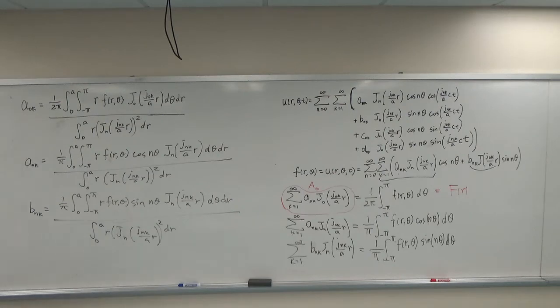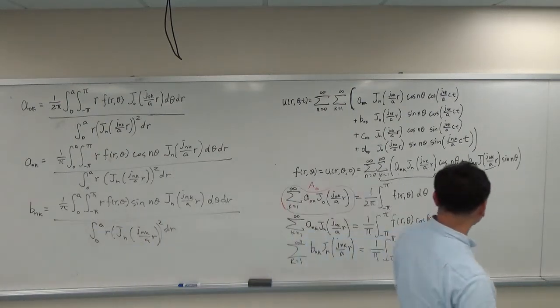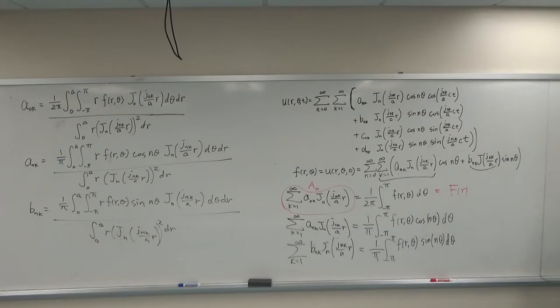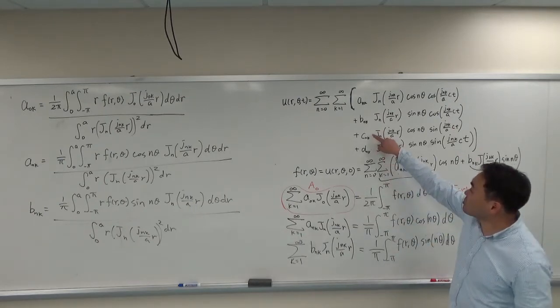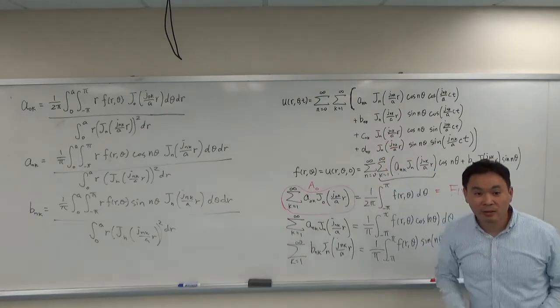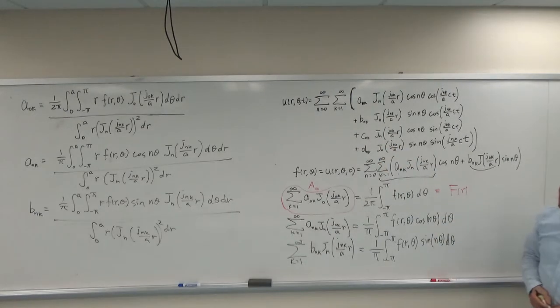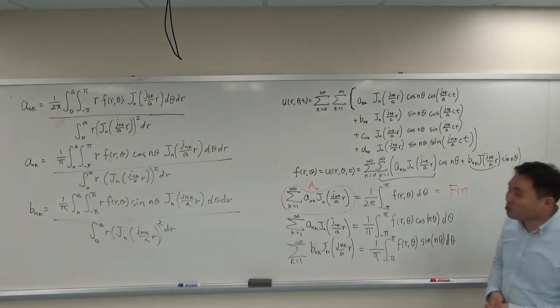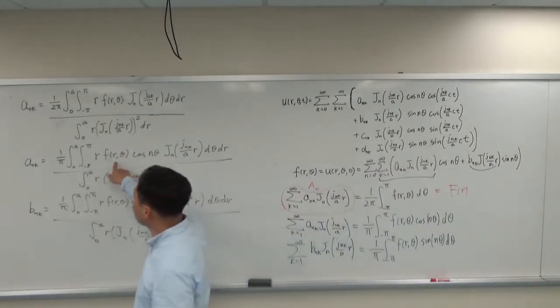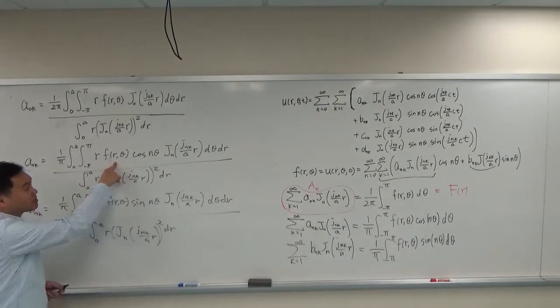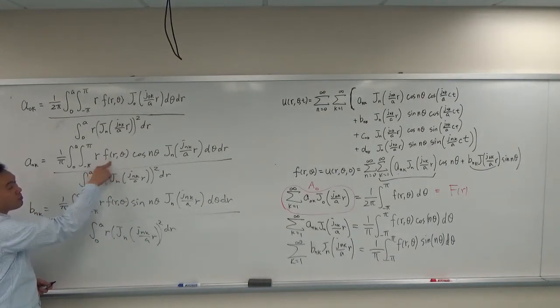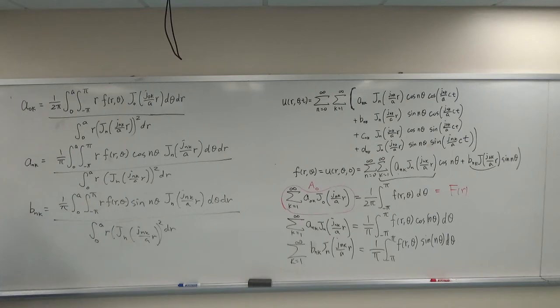Okay? And I've almost solved it. I'm going to leave you as homework to figure out the formula for c_nk and d_nk. Now notice that these are very abstract. I'm not actually giving you the explicit question. If I were to give f(r, theta) as something like r times theta, can you calculate that?